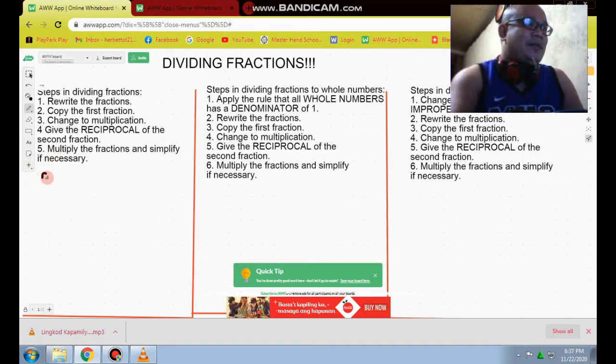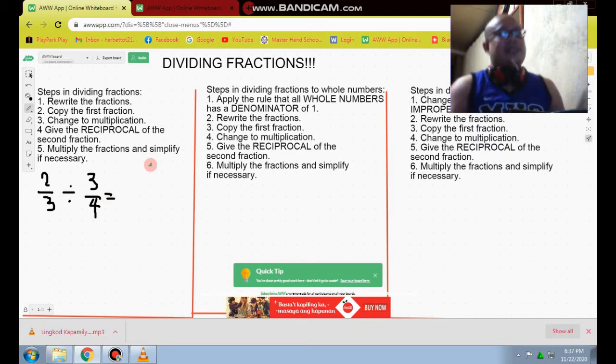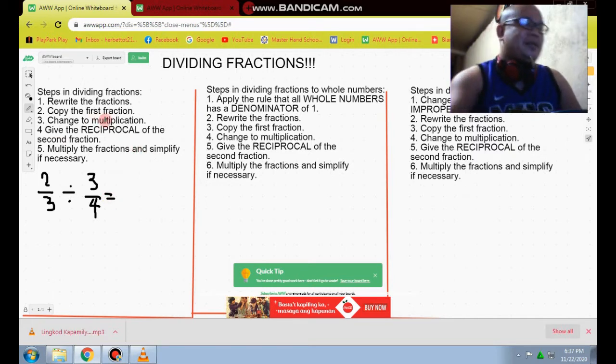So for example, if I have 2/3 divided by 3/4, right? So equals. So first step is to rewrite the fractions. So we're going to rewrite the fractions. So copy the first fraction, sabi.